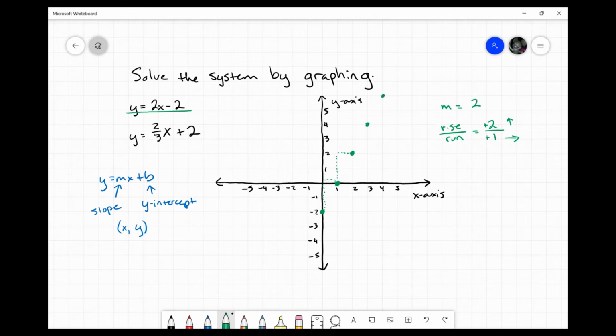That can keep happening. If I don't want to go to the right, I can do the inverse, which means I would be going down 2 and back 1. Because double negatives will make a positive when multiplying and dividing, that would still give us a positive 2 slope. So I can go down 2 and back 1, and I will end up on the same line.